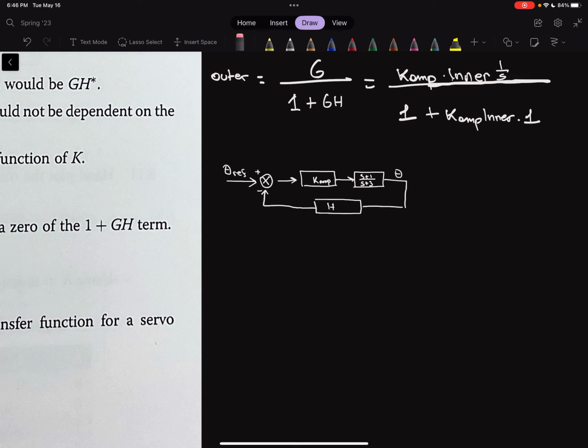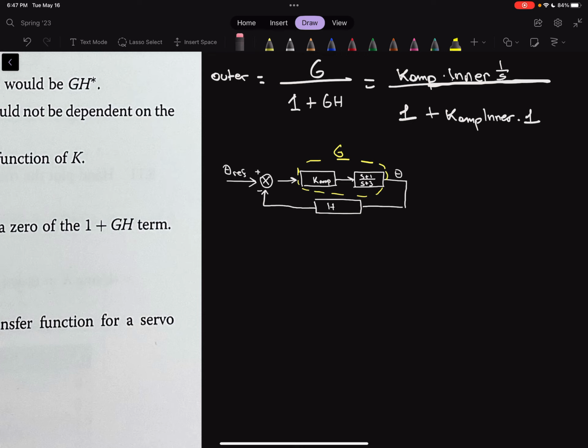So the input to the root locus would have to be g asterisk h, because this is our g. Let me make that clear. This is our g, and this includes k. And k is what we want to vary in the root locus. That's why we don't want to input it in it.